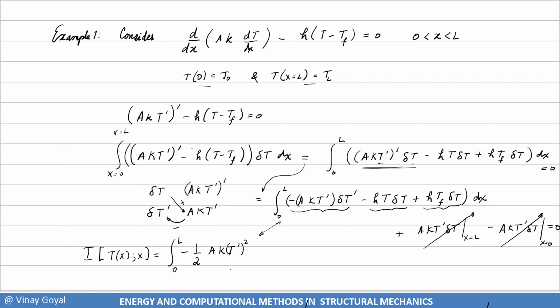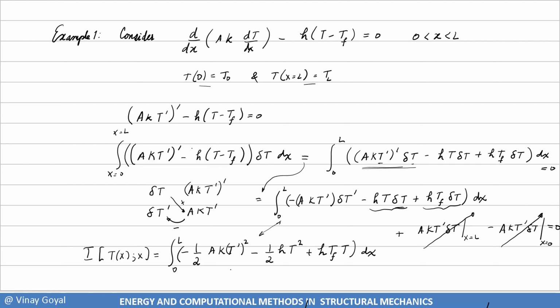If I find the first variation of this, I'll get that term there. For the second term, I have to have minus 1/2 h T squared, and I definitely have a plus h times Tf times T, to come up with a functional, dx.